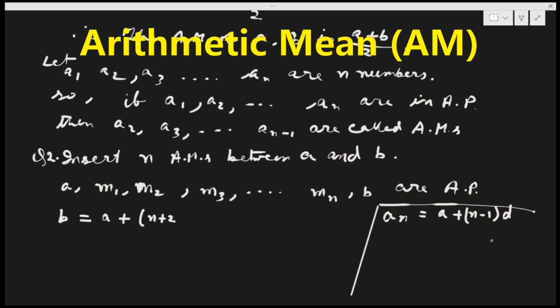Compare this side: here nth term, that's why it was n; here n plus 2 terms, that's why n plus 2 minus 1, into D.